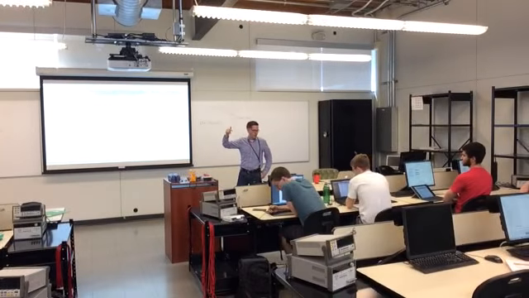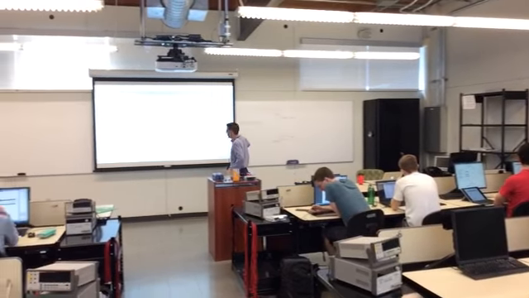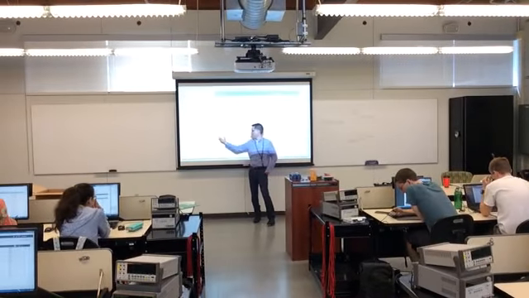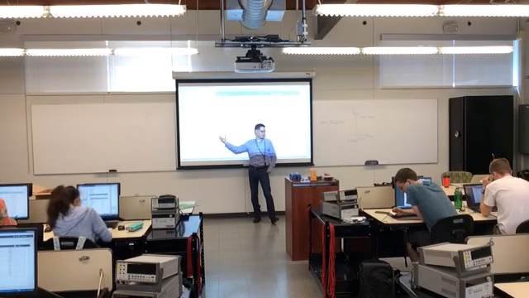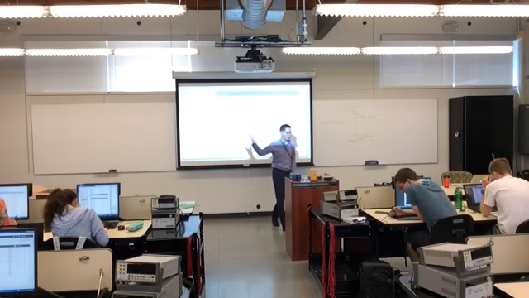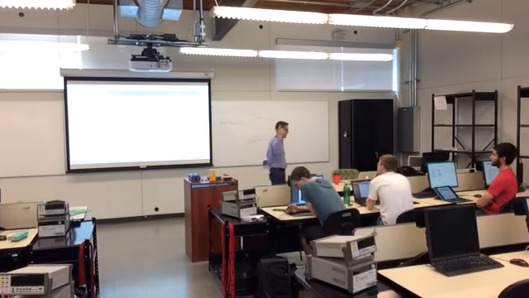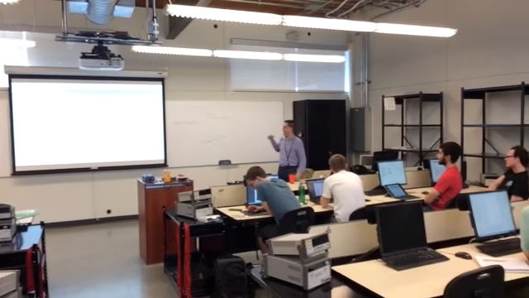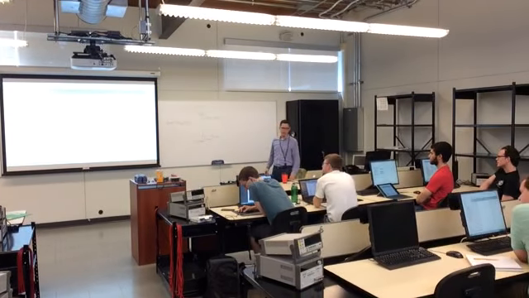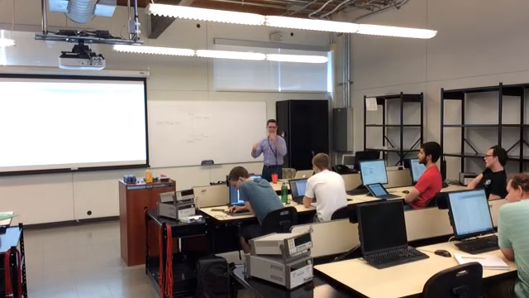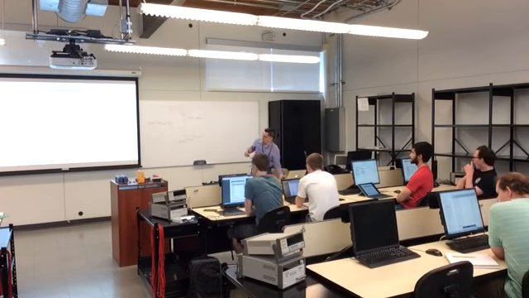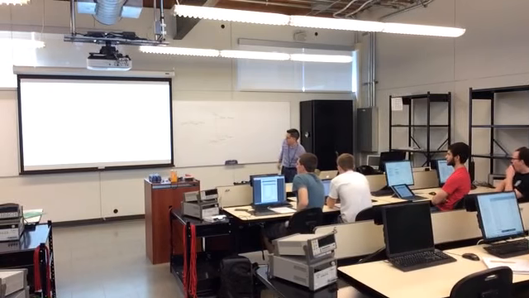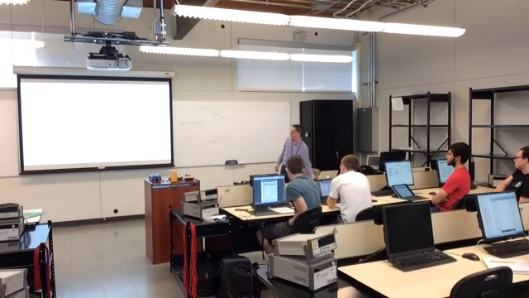So the base address for the GPIO is hex 4,000 6,000. Remember back to hex, because there are going to be weird letters, and that is the base address. Now, the base address just tells you where the GPIO itself lives. It doesn't tell you where any of the registers are.